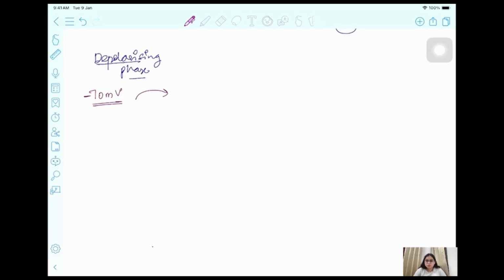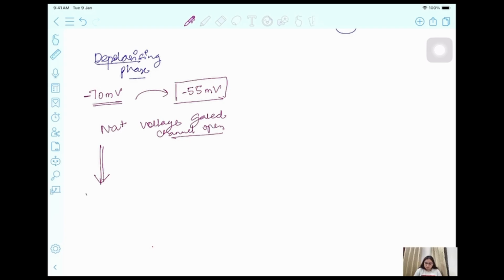Now, when membrane of the axon depolarizes to a threshold which is minus 55 millivolts in response to a stimulus, the sodium voltage gated channels open, which means now there will be movement of sodiums towards the cytosol. Because of this movement of sodium from outside to inside, the inside of the cell now becomes more positive and reaches a membrane potential of plus 30 millivolts.